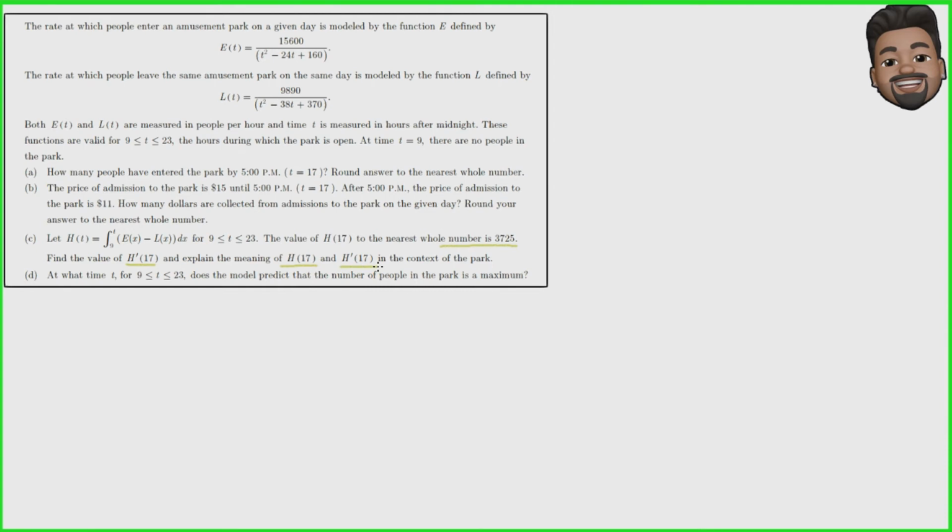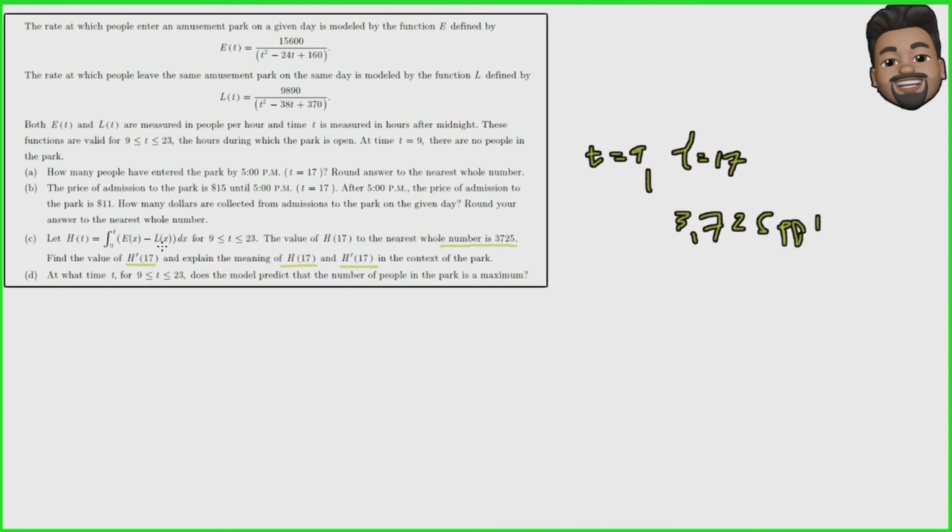Now, here's what you need to know. H of 17 is going to tell you exactly how many people are in the park from t equals 9 to t equals 17. We know the value of this is 3,725 people that are in the park at that moment in time.